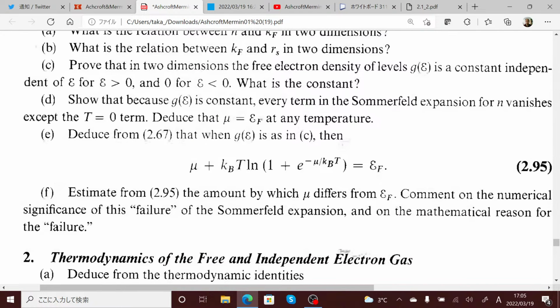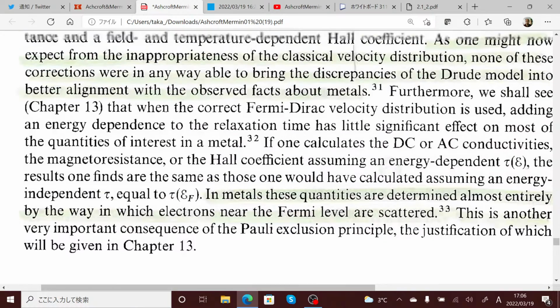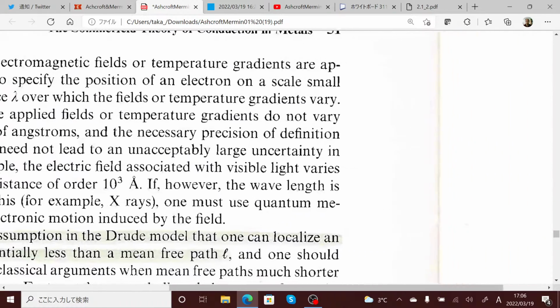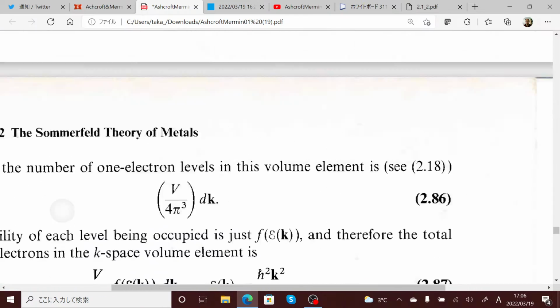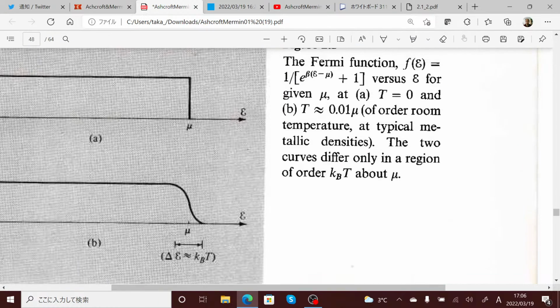Deduce from 267 that when g of epsilon is as in C, then this is correct. 267.